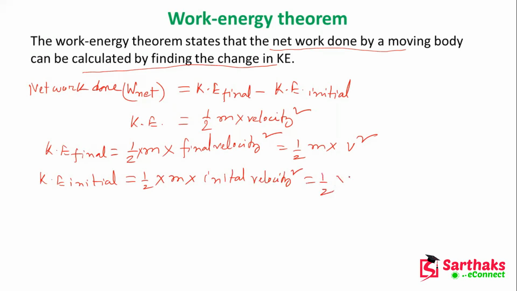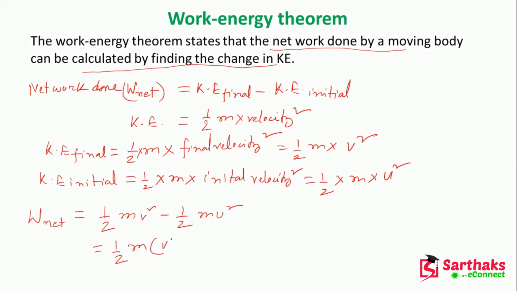Suppose the initial velocity is u, so half m u square. That means net work done, W net, is half m v square minus half m u square. So I can write that as half m into v square minus u square.